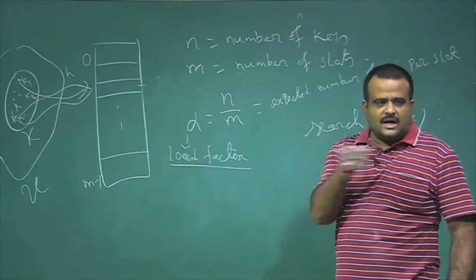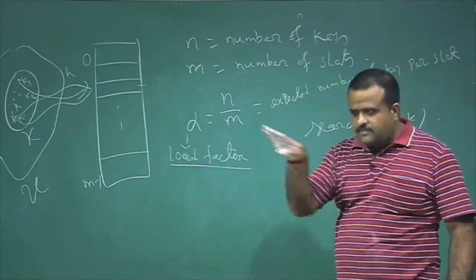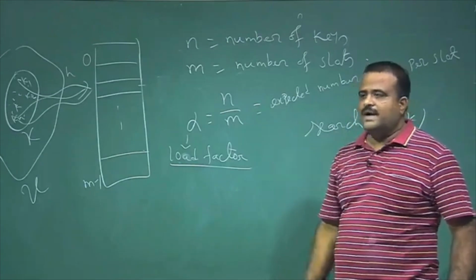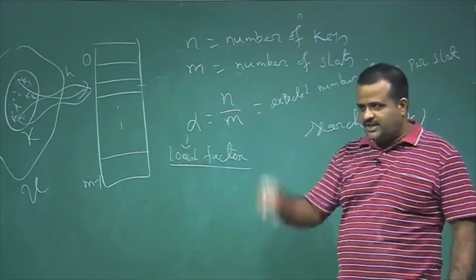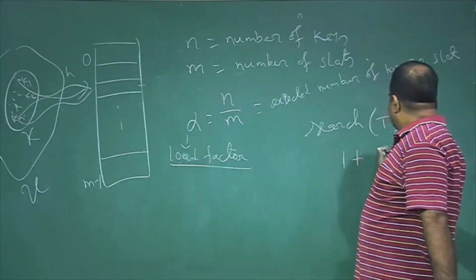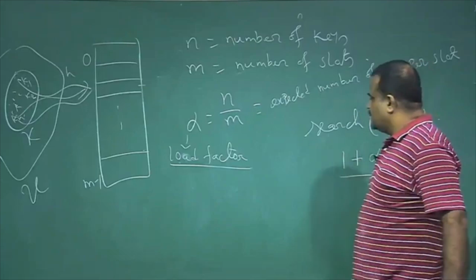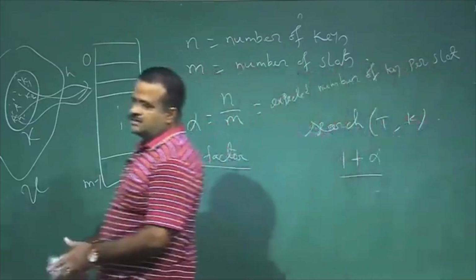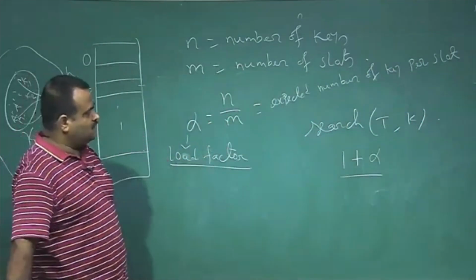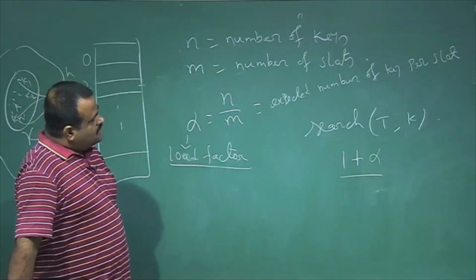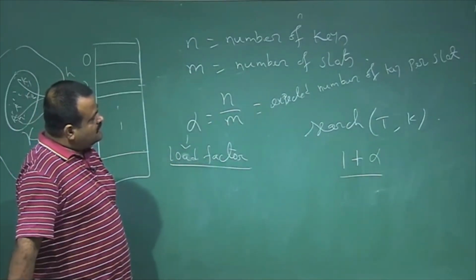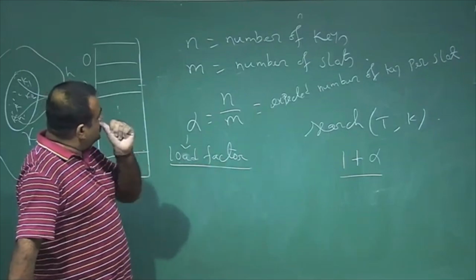So, we just have to scan that list, that chain. That will take this much time. So, this is the time for searching if our hash function is distributing the keys uniformly. Okay. So, this is the analysis of the chaining method.